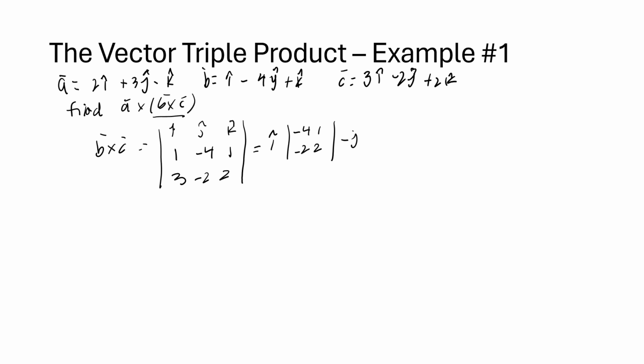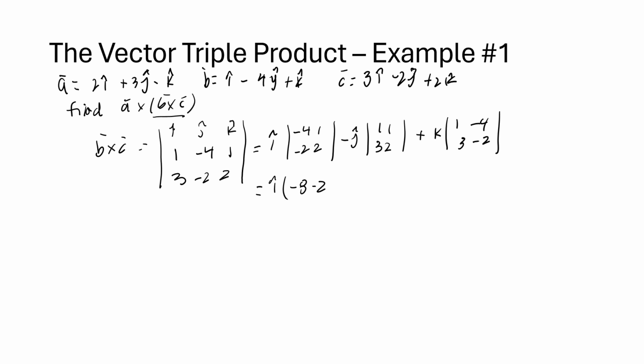Now minus j, and then we're going to delete the middle column, the top row. So we're going to get 1, 1, 3, 2, plus k. And then we're going to get 1, minus 4, 3, minus 2. Expanding this out, we're going to get i times minus 8 minus 2.